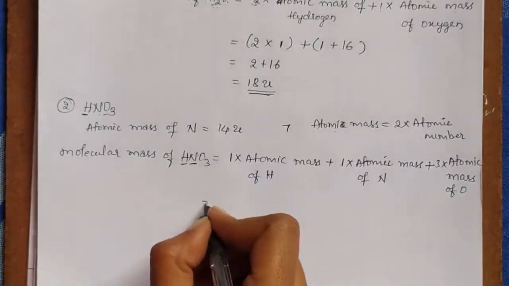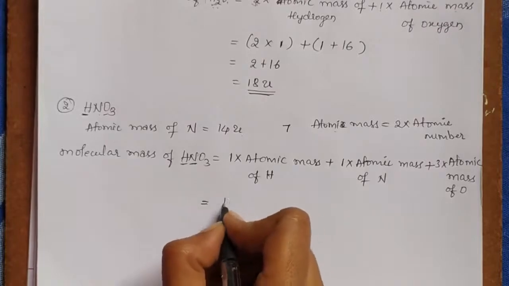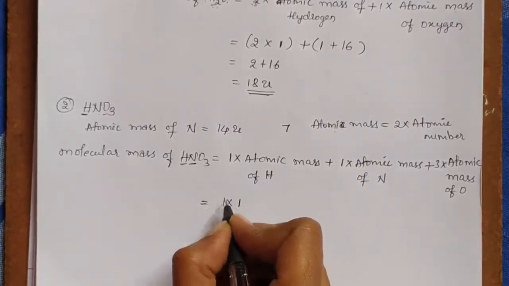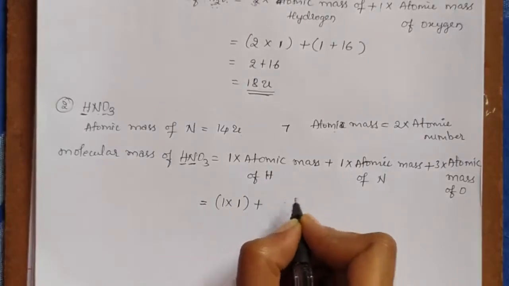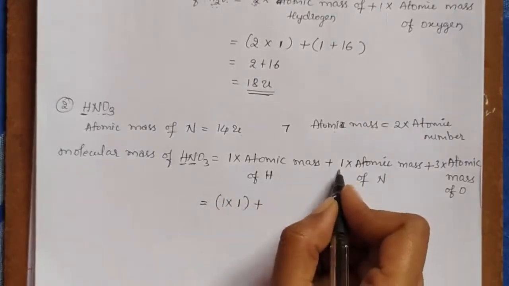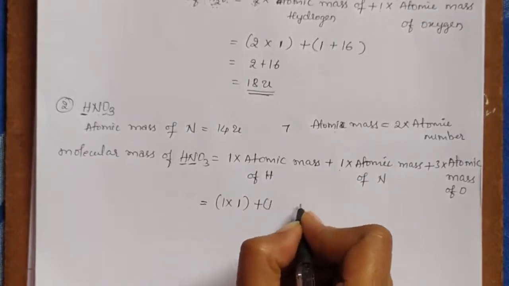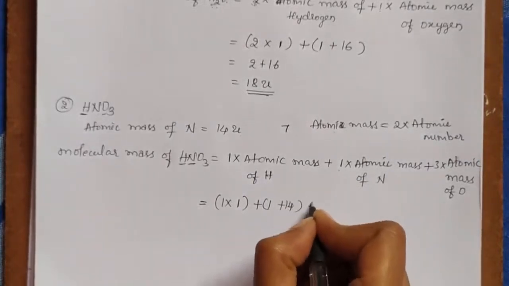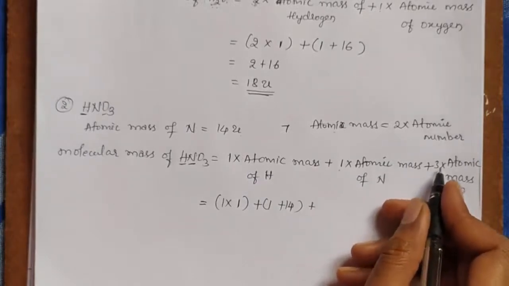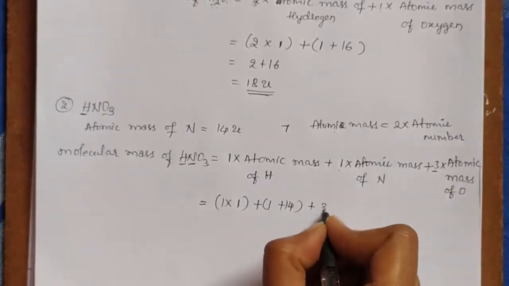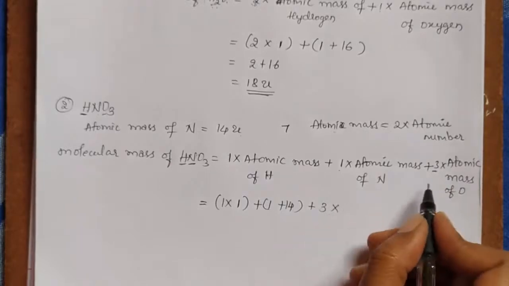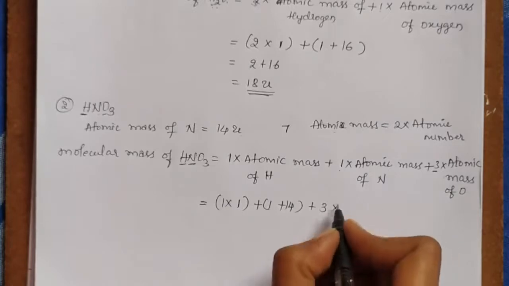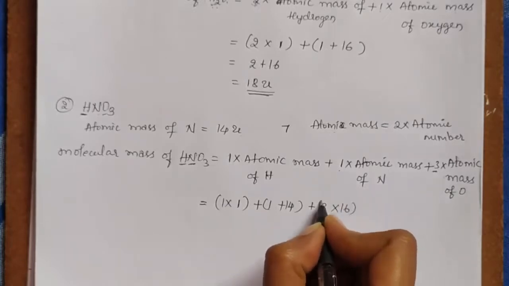Now we will substitute the values. 1 into atomic mass of hydrogen is 1, plus number of nitrogen atom 1 and atomic mass of nitrogen is 14, and number of oxygen atoms 3 into atomic mass of oxygen is 16.